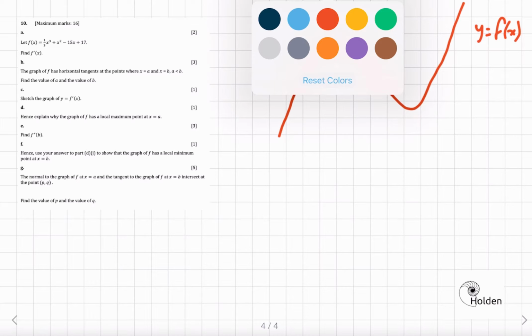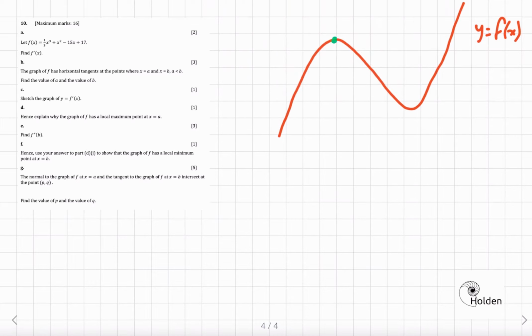We know at this point that we have -5 and f of -5, and let's go purple. Here we have 3 and f of 3. The tangent at A, so the tangent at A is this.